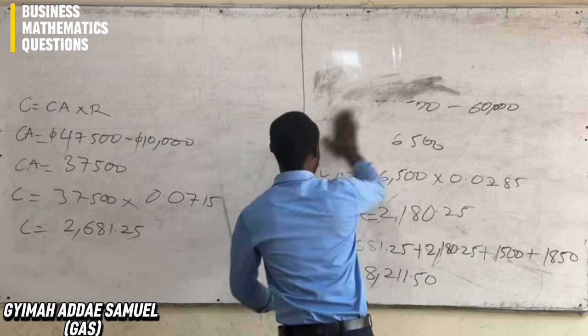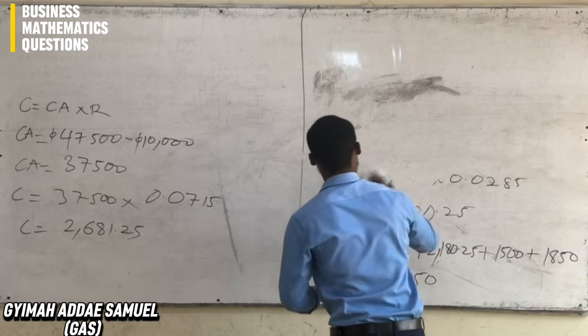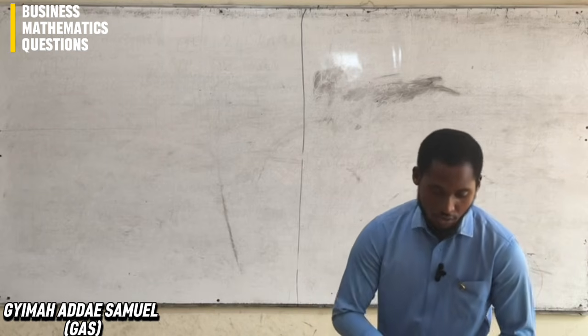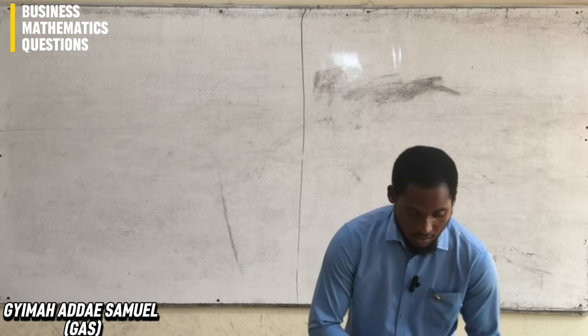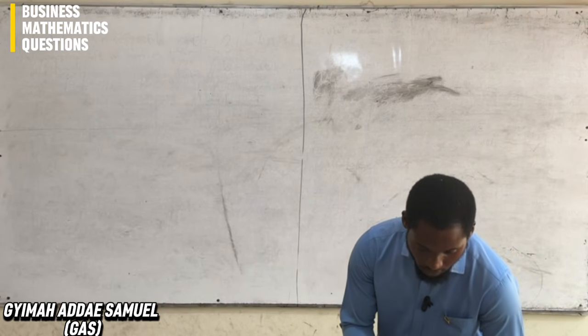We proceed to question 9, and it says, if store returns in a period amounted to 35,000 Ghana cedis and total store sales was 100,000 Ghana cedis, how much override would the supervisor earn? So with this, that's giving us store returns, that's giving us the total sales.